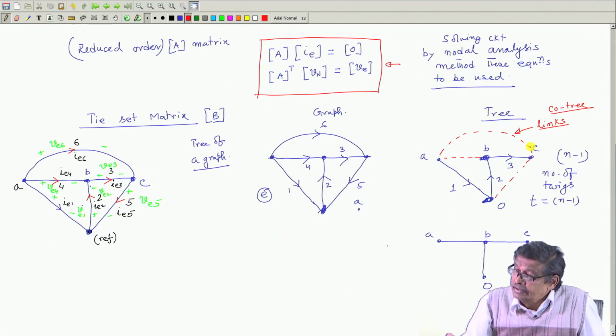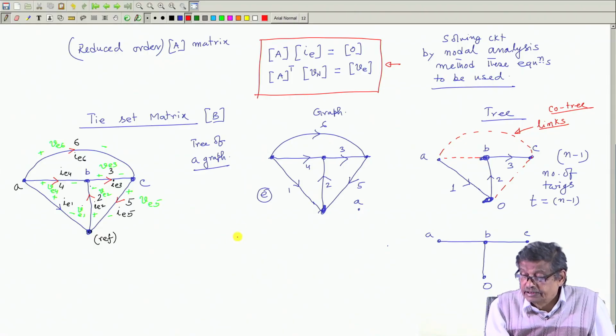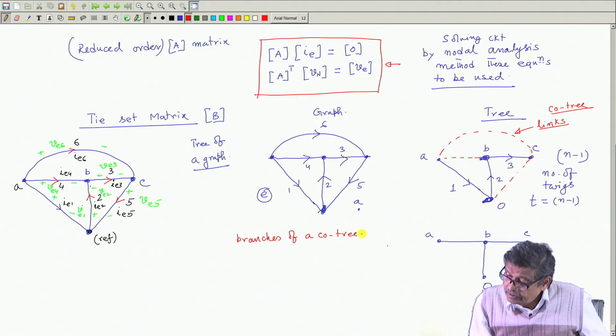And the branches of a cotree are called links. So, I write it: branches of a cotree are called links.